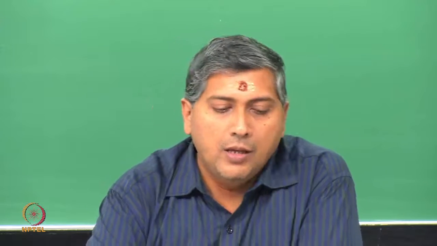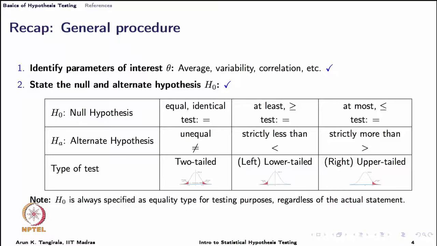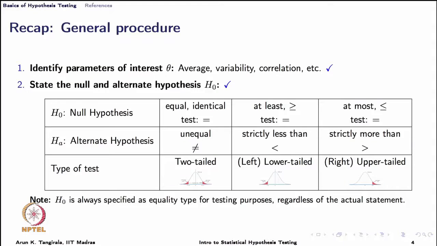These are the parameters of the population that I have listed here: average, variability and correlation, so to speak of the truth. Once we have identified the parameters, the next step, if you recall, is to state the null and the alternate hypothesis. This requires some reading of the problem statement, because it varies from problem to problem, and it just takes practicing on a few different problems to learn how to formulate the null and alternate hypothesis. In this table, I have listed all possible scenarios that one could encounter.